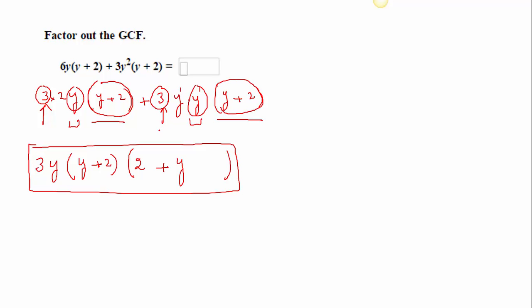So this part here is called my GCF. So I take my GCF and then I open two parentheses and list what is left. Only 2 is left from the first term and only y is left from the second term. And that's it. You can always multiply all through to go back to the first polynomial.